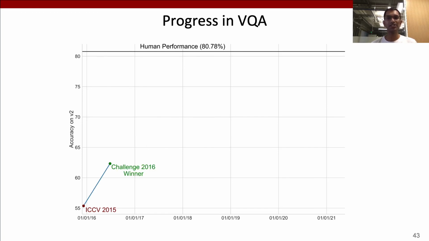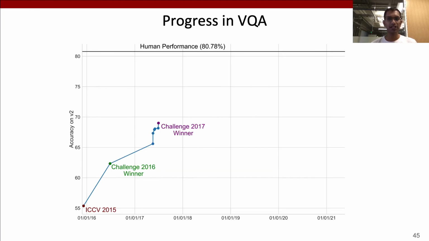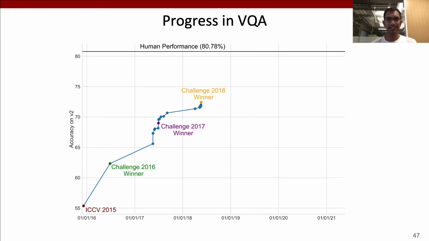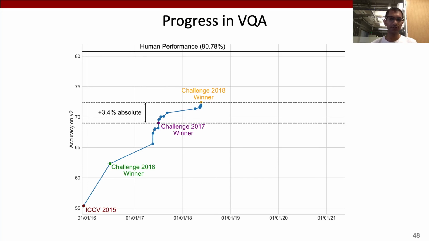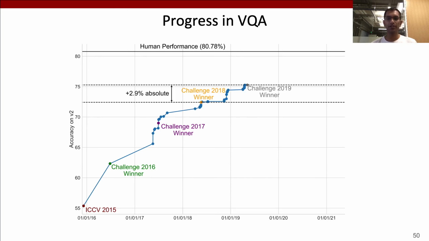During Challenge 2016, the accuracy improved by 7%, followed by the 2017 Challenge where the improvement was 6.7%, followed by the 2018 Challenge with an increase of 3.4%, followed by the 2019 Challenge where the increase was 2.9%.